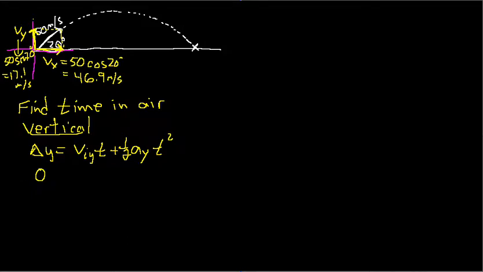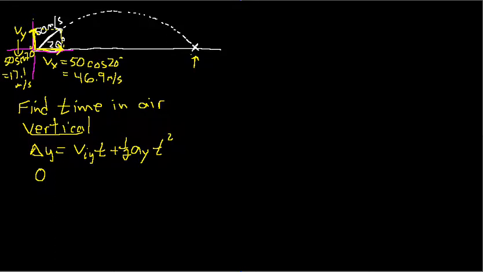Well, I want to know the time right here. At that position, notice that the change in y is 0. It goes up so many meters, and it comes down, and it's back where it started from as far as vertical is concerned. If it starts on the ground and ends on the ground, then vertically it went nowhere. So its displacement is 0.